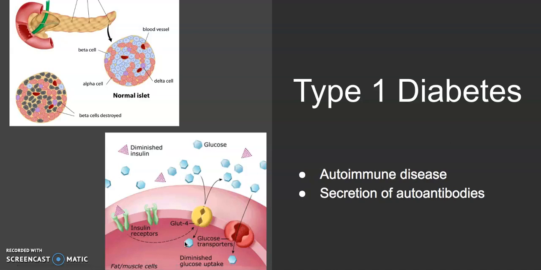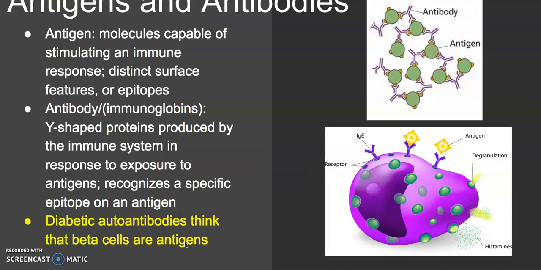This happens because of the secretion of autoantibodies. And by autoantibodies, I mean antibodies that attack themselves. For a quick refresher on antigens and antibodies, previously we talked about antigens as any molecules capable of stimulating an immune response.